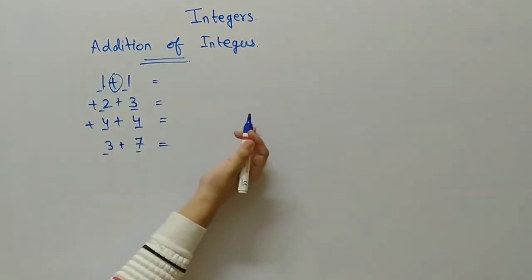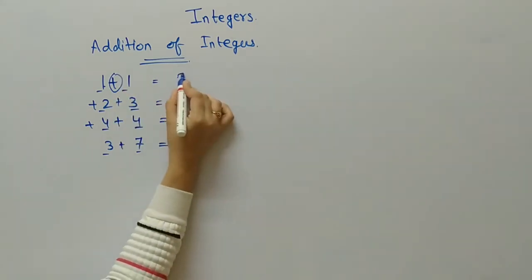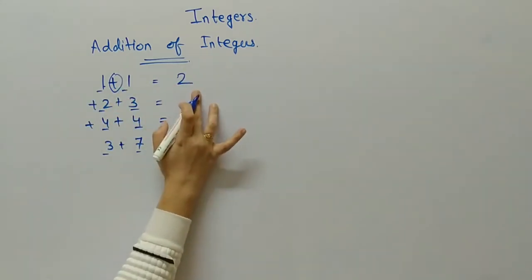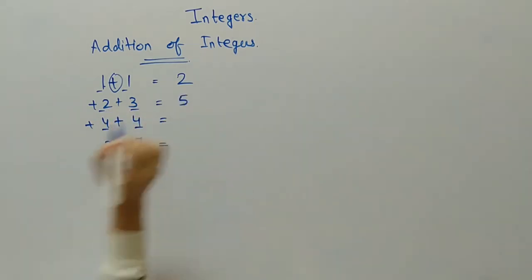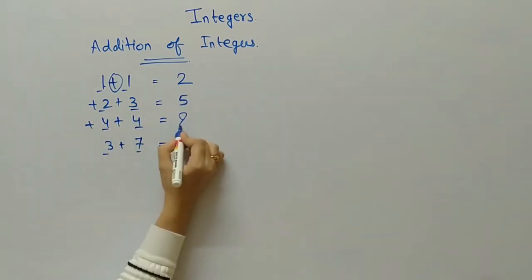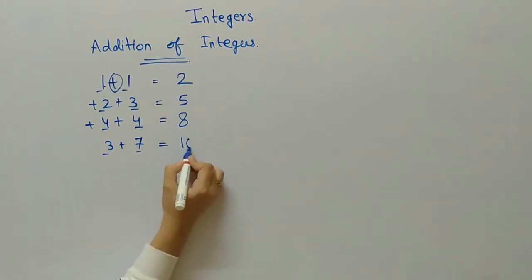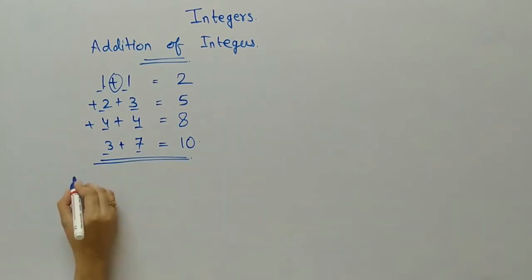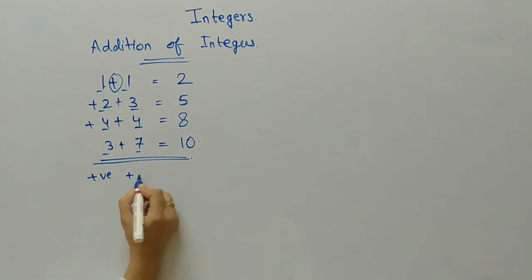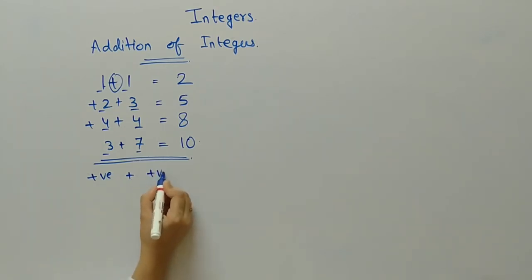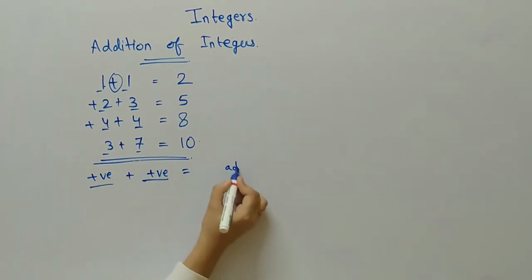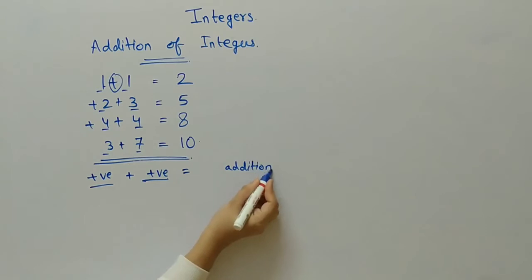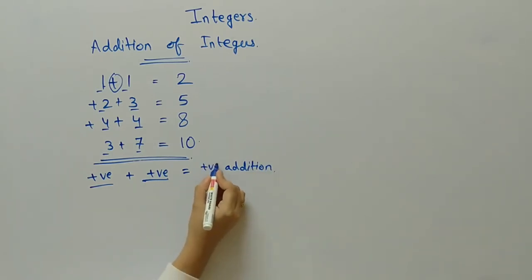So 1 plus 1 will be normal addition. 1 plus 1 will be equal to 2. 2 plus 3 is equal to 5. 4 plus 4 is equal to 8. 3 plus 7 is equal to 10. So now we have to remember this: when the sign of both the integers is positive, positive integer plus positive integer, we will do normal addition and the sign will be positive.